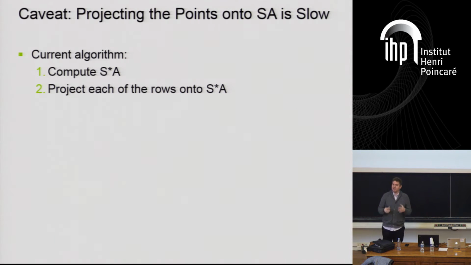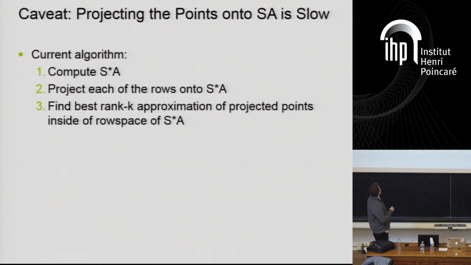Can we do that in input sparsity time? And finally, once the points are inside of S times A, we can quickly find the best rank k subspace just by using the SVD. So the bottleneck really is step 2, where we have to project these points onto S times A.